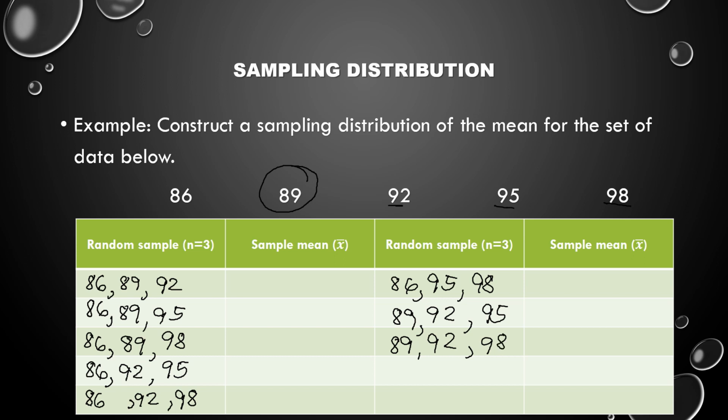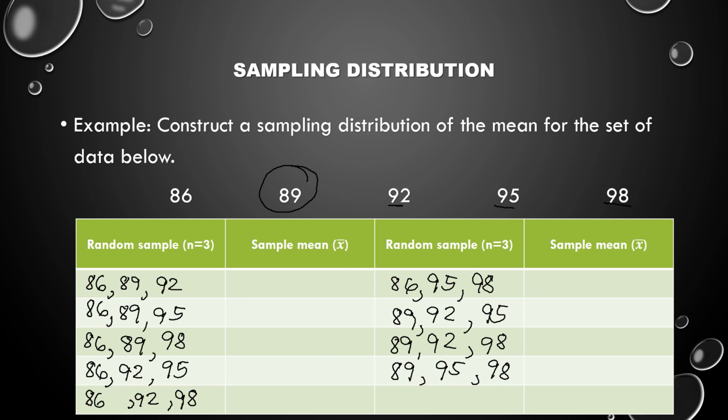Next one, we had 89 paired to 92 a while ago, so we go for the next one: we have 89 and 95. And we can get one more combination out of 89 and 95 by adding 98 as the third value.